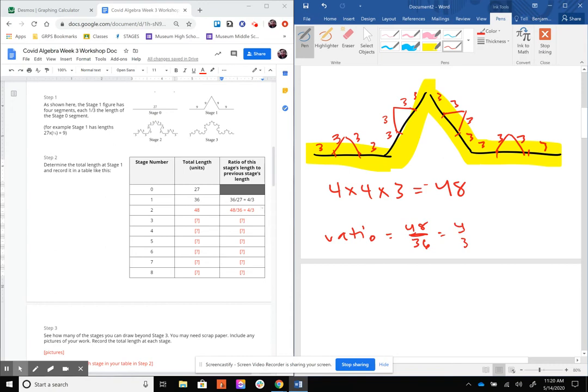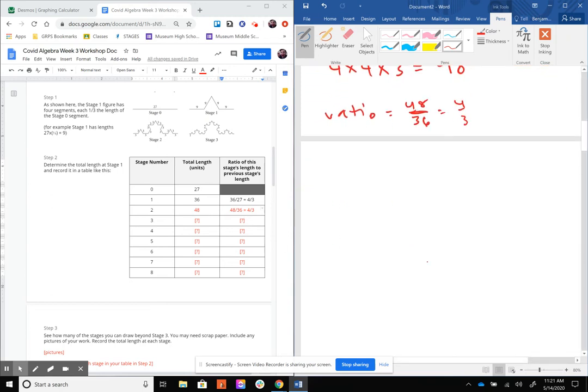So those are equivalent fractions. All right. So if I want to keep going, I'm starting to see my constant multiplier: multiply by 4 and divide by 3, or divide by 3 and multiply by 4. We can do those in either order.